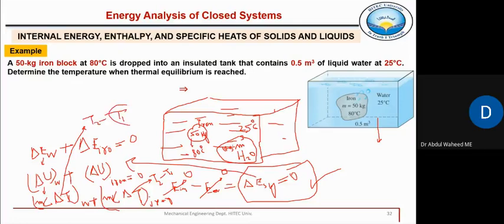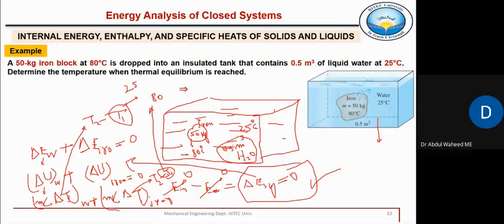Water के केस में what is T1? 25. Iron के केस में what is T1? This T1 is 80. So T2 will be same. यही T2 unknown है because after when thermal equilibrium is achieved, this T2 of both iron and water will be same. So इस पूरी equation में T2 is unknown.